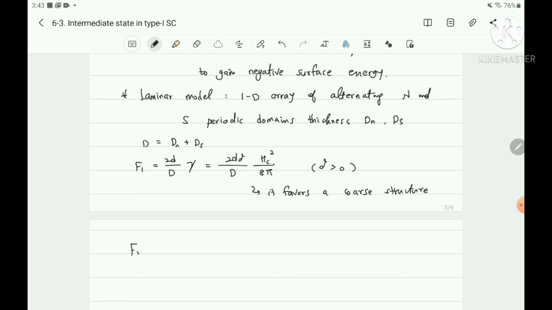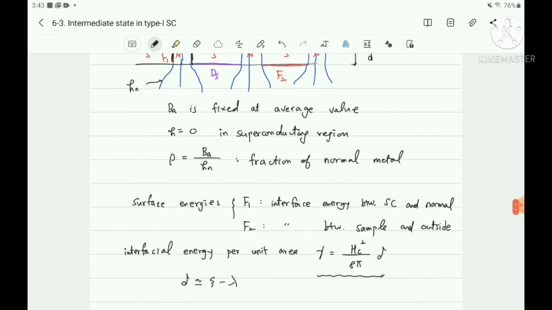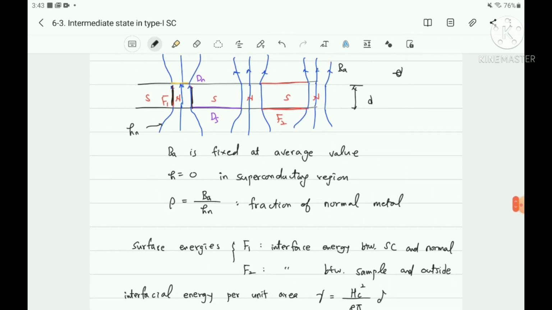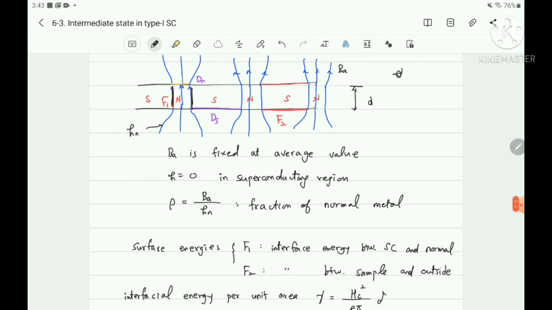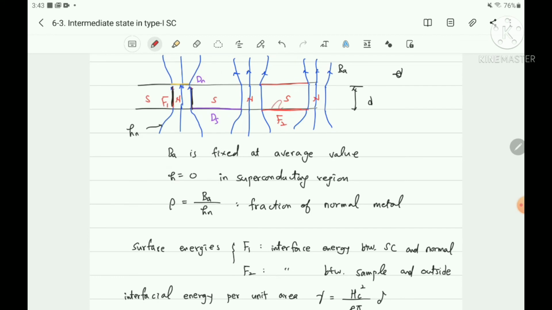And F2 is the interface energy between the sample and the outside, and here F2 is not limited to only the superconducting state, but also the normal state.